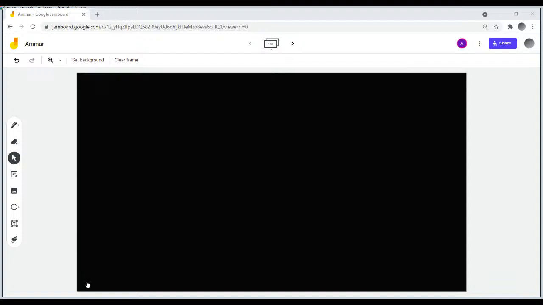Gmail. We're talking about P3. Okay, I have to compose a mail, I guess.